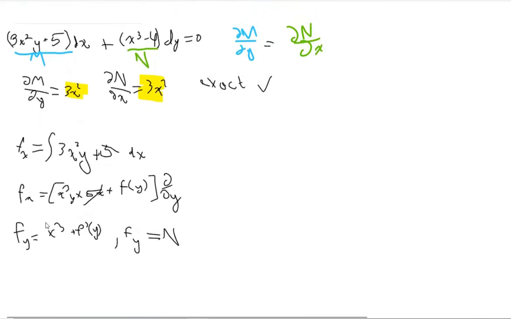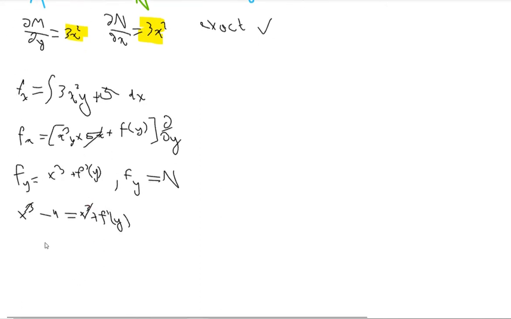So what we'll get is x cubed minus 4 is equal to x cubed plus f prime of y. Now we solve for f prime of y. The x cubes cancel, and f prime of y is just going to equal negative 4.